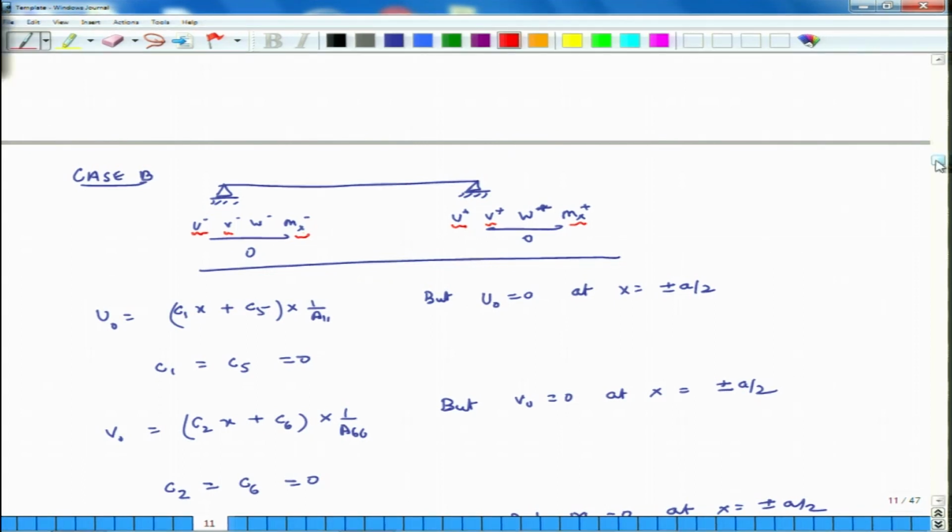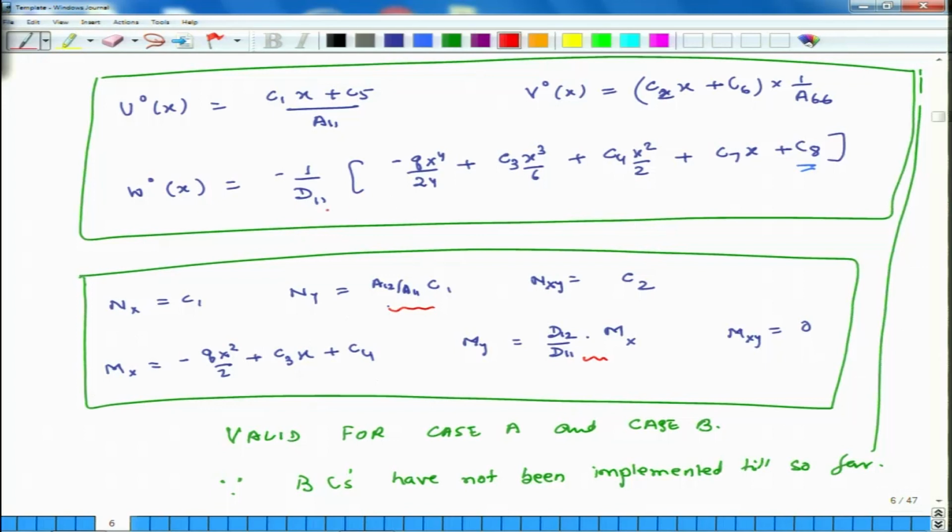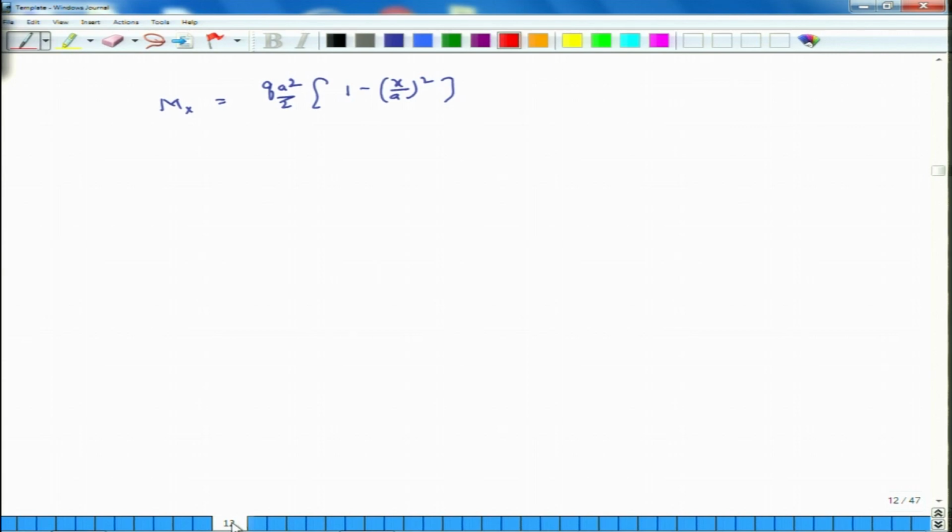The relation for w is this long expression, and if I write it down, w naught is equal to minus 1 over D11 times minus q x to the 4 over 24 plus C3 x cube over 6 plus C4 x square over 2 plus C7 x plus C8.